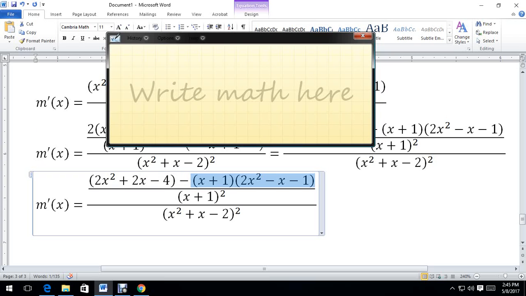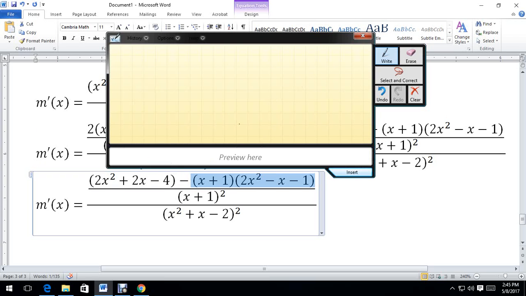Let's try to distribute first the value of x with the trinomial 2x squared minus x minus 1. Okay, so doing that, we have 2x squared times x gives us 2x cubed. Alright, minus x times x is x squared. Alright, next is x times negative 1 gives us negative x.